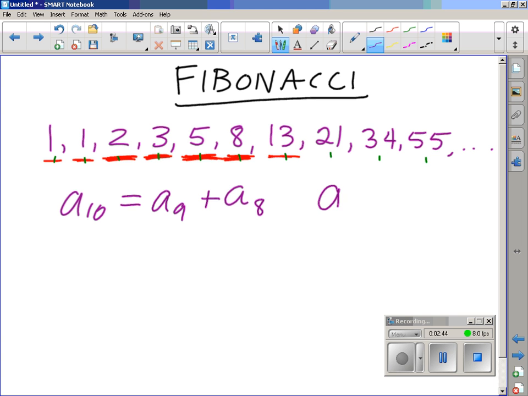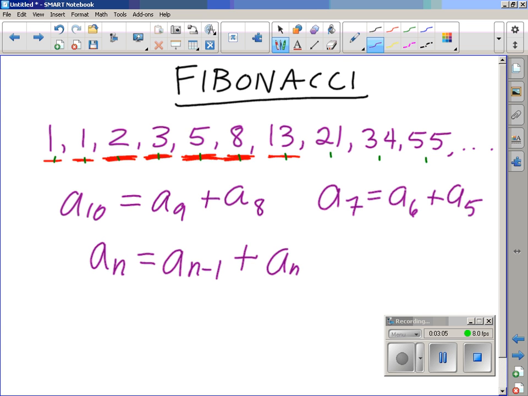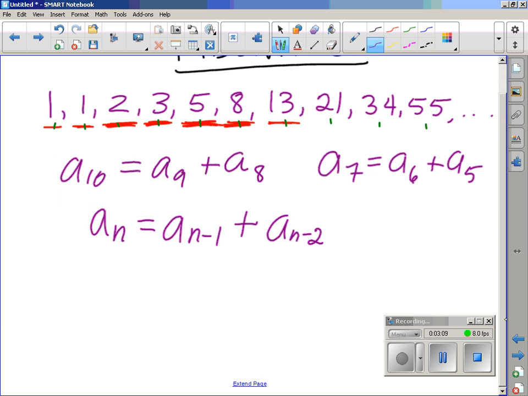To find the 7th term, I had to add the 6th term and the 5th term. So how do I write that in mathematical notation? To find any term, I take the term right in front of it plus the term 2 in front of it. Now you could also write this like so.